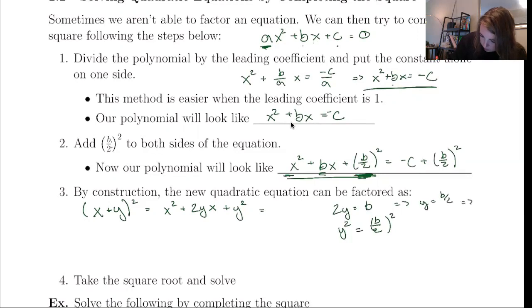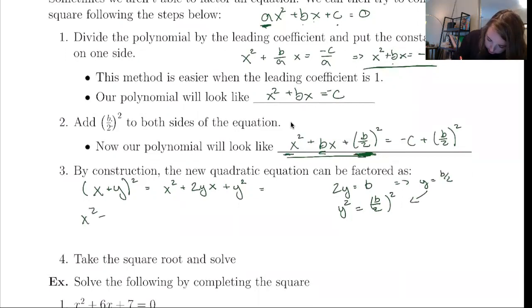And so y squared would just be that. So from that, x squared plus bx plus b divided by 2, that quantity squared, would factor into x, this is a plus, so plus b divided by 2, squared.